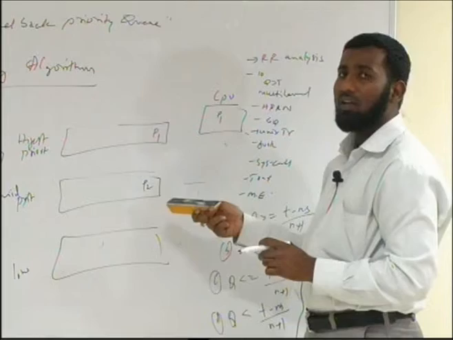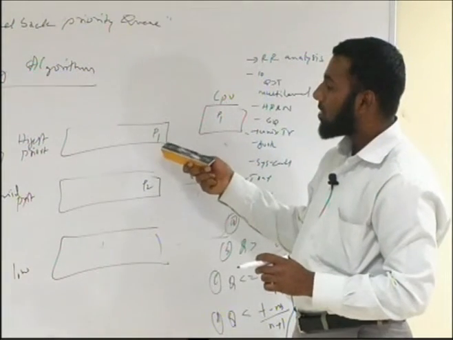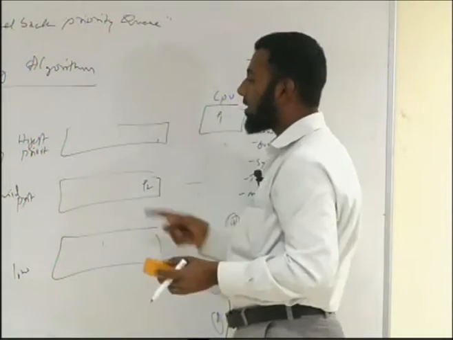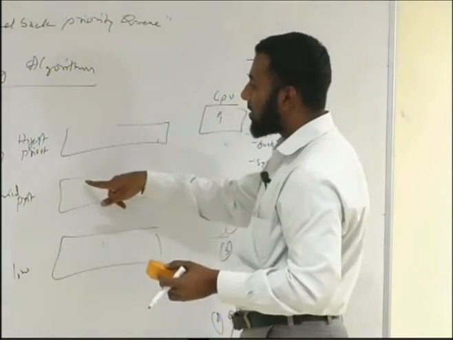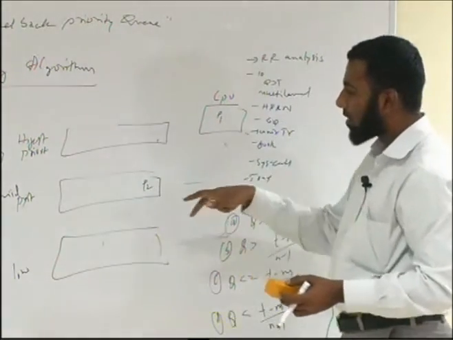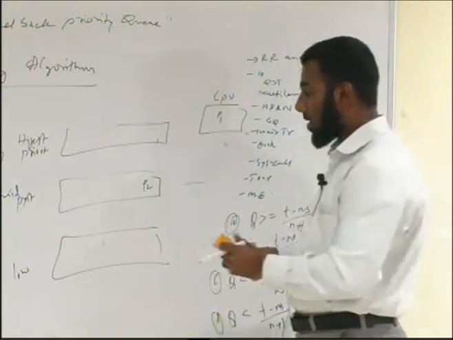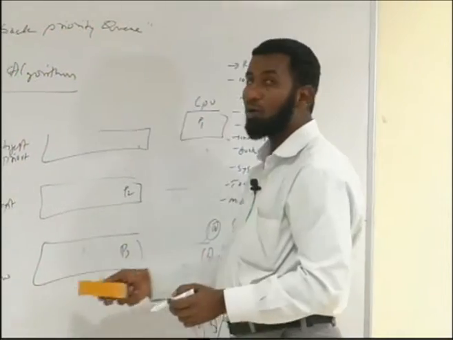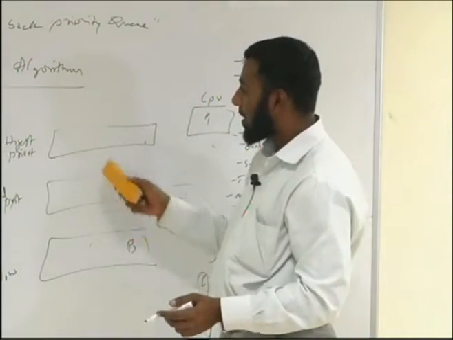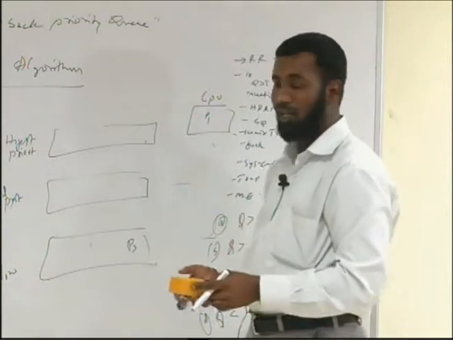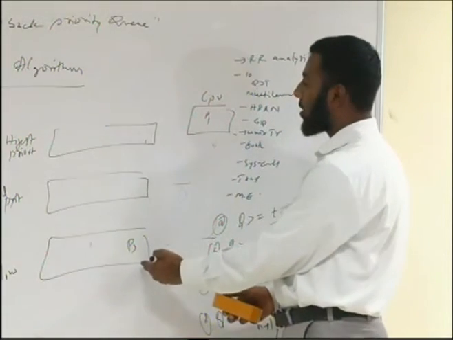It is executed if and only if the highest priority queue is empty. Only then will the scheduler take one of the processes from the mid priority queue. Process P3, which is in the low priority queue, is taken only if the highest priority and mid priority queues are empty, then only the chance will come for this lower priority.